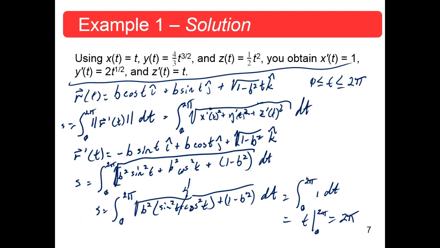Otherwise, that doesn't make sense. Obviously, well, it could be 0. But when you do all this, the b squared minus b squared is going to turn to 0, which leaves 1. And when you evaluate the integral from 0 to 2 pi of dt, you just get 2 pi.